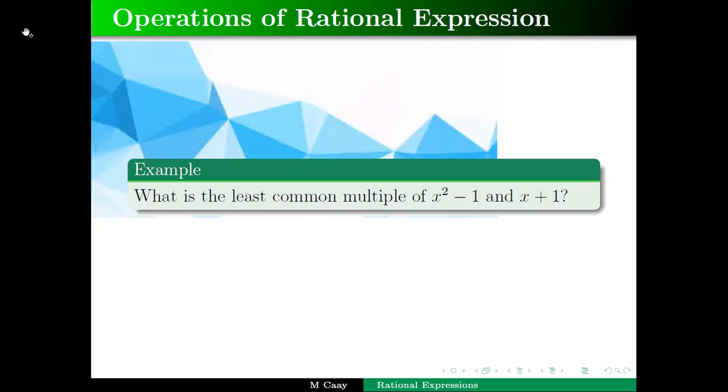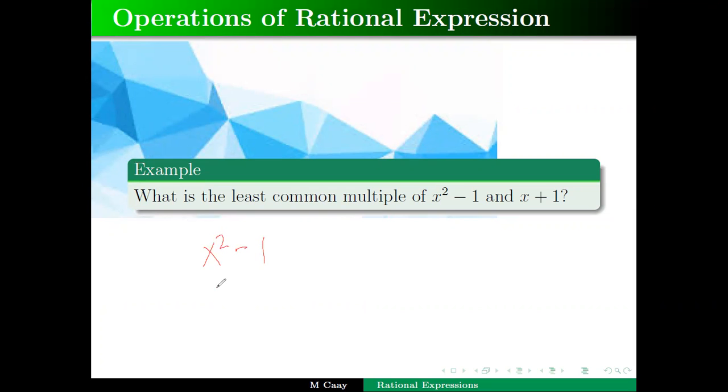So what are we going to do is here. Okay, hang on. So we have x squared minus 1.